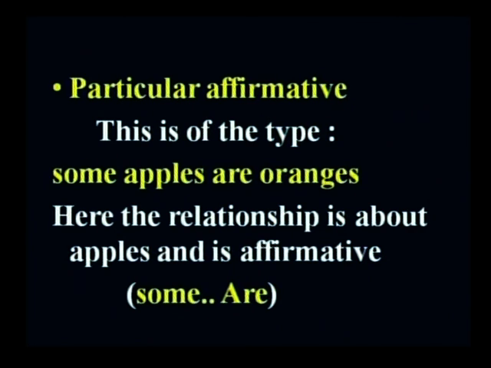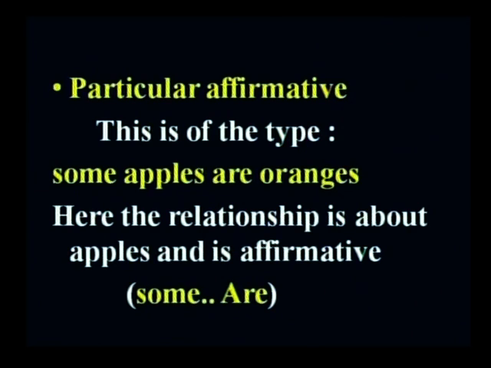Do you notice the change now in the statements? The previous two statements were referring to all the apples, so we call them universal, but here it is about a part of them, some apples are oranges. So, we call this a particular affirmative.